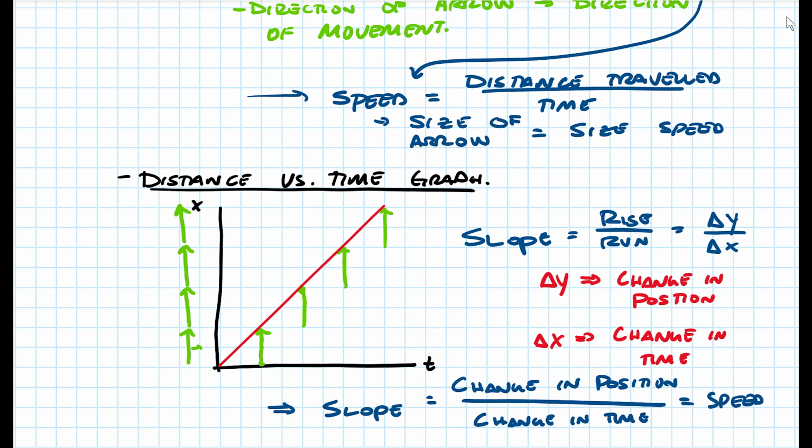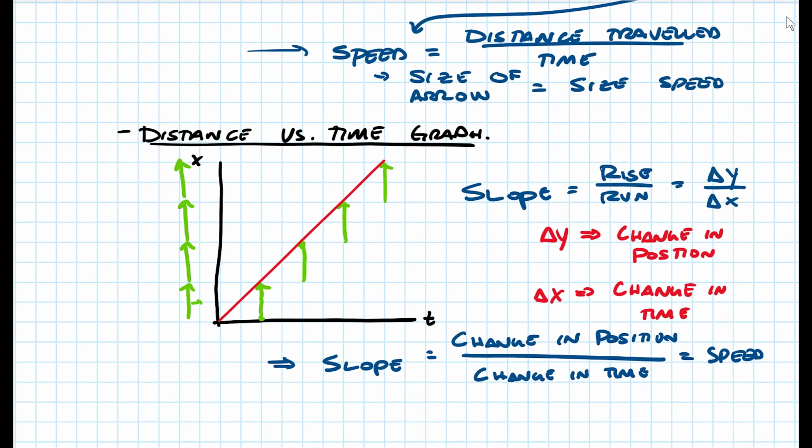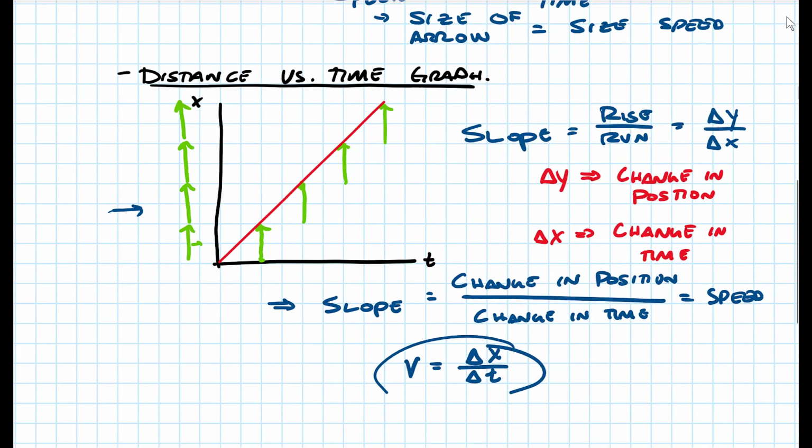So the slope of this position versus time graph is the speed that our object had. If we're going to calculate speed for a given interval, we're going to use speed is change in position over change in time. And we can use our graph to get change in position over change in time too.